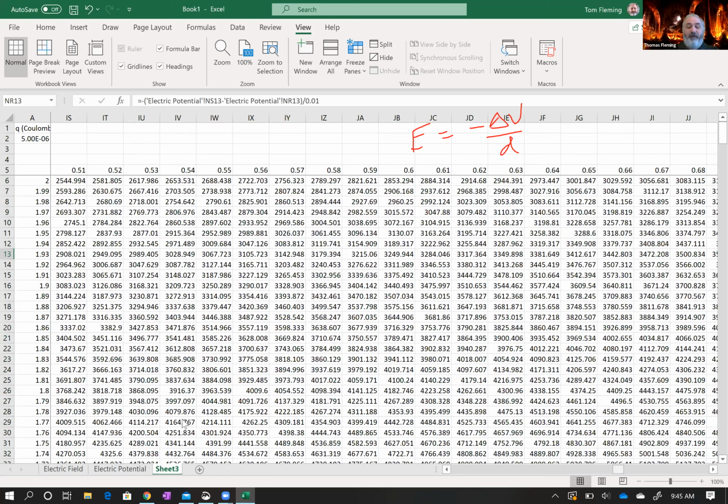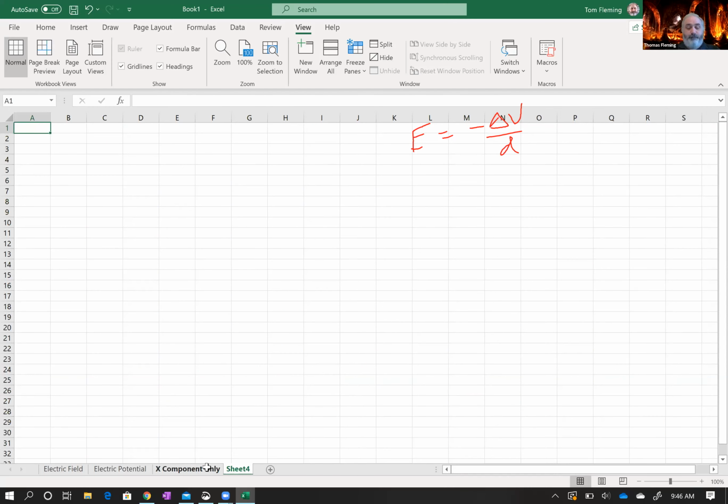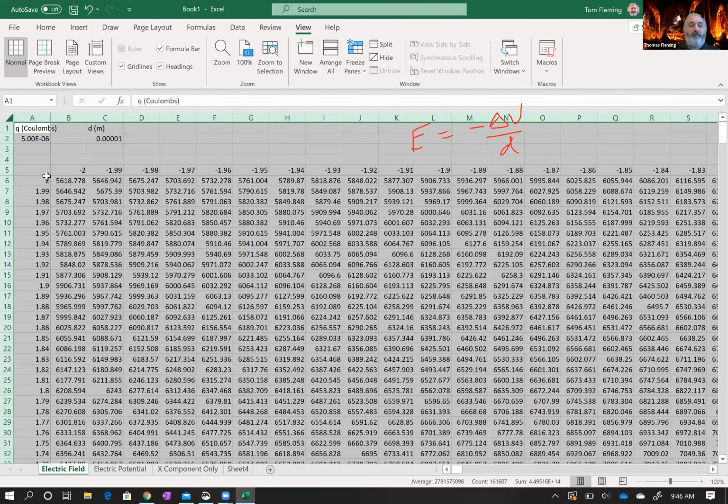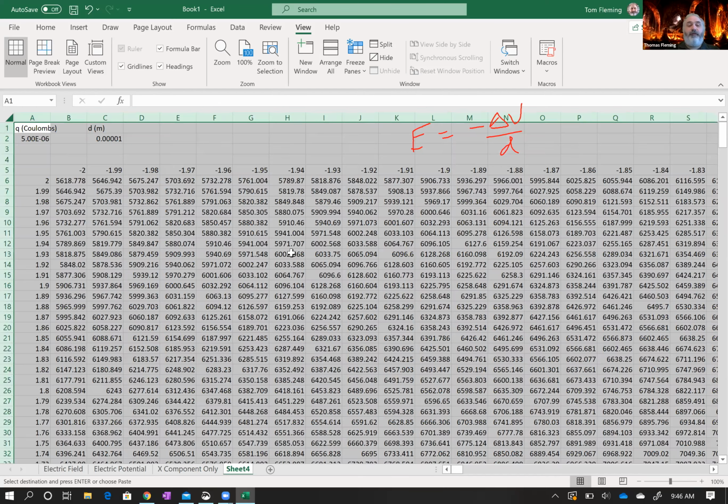So I'm maybe going to label this as the X component only. Right? That's pretty cool. Now I could do the exact same thing and get the Y component. So again, I'm going to go back to my original sheet. I'm going to Control C, Control V. I'm going to freeze the panes.